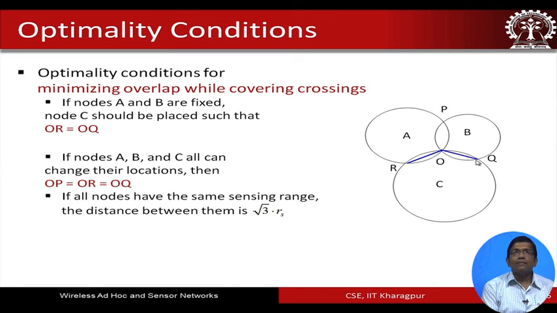If nodes A, B and C all can change their locations, then this condition should hold: OP equal to OR equal to OQ. And if all nodes have the same sensing range, so let us assume that they are homogeneous in nature and have the same sensing range, then the distance between them is square root of 3 times RS, the sensing range.